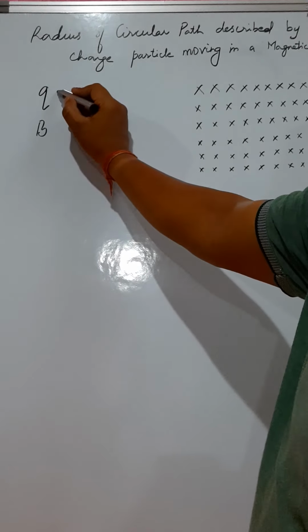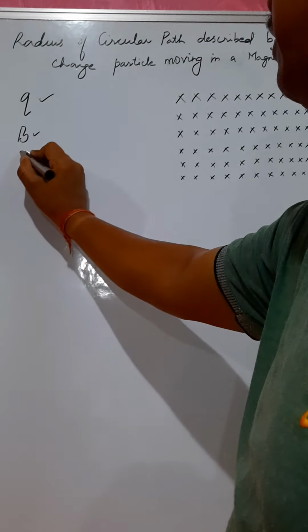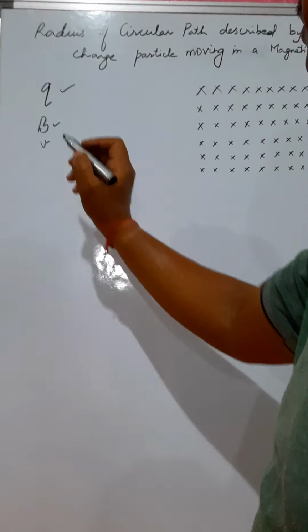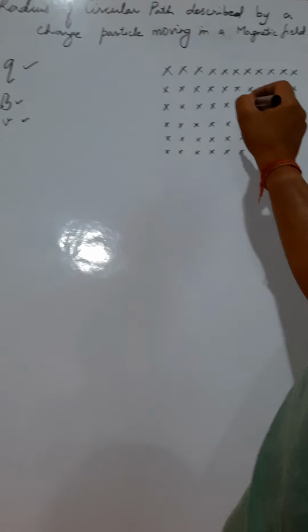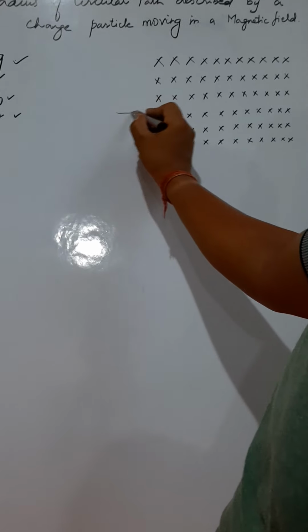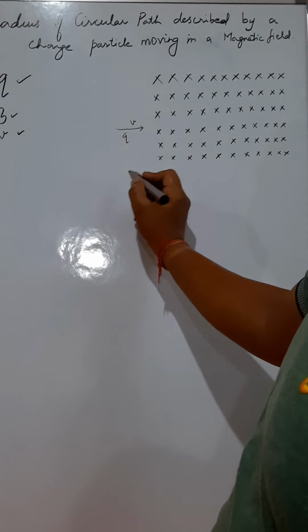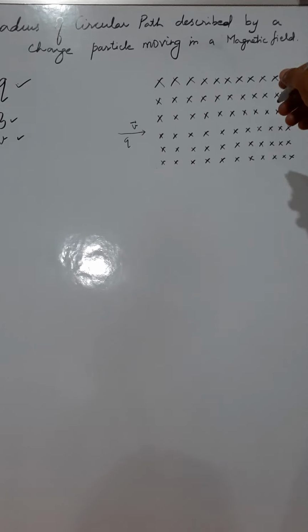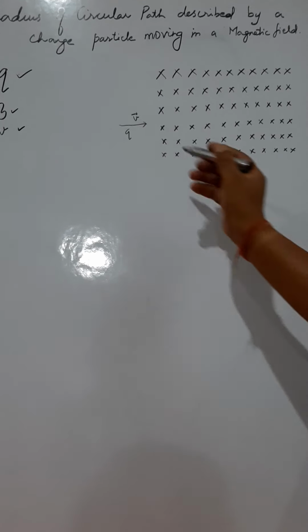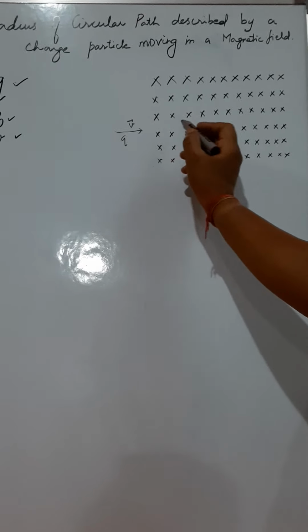So charged particle Q enters in a magnetic field with velocity v in a direction perpendicular to the direction of the magnetic field. Suppose this is the direction of the charged particle moving with velocity v, enters in this magnetic field which is acting perpendicular to the plane of the board, and v is in the plane of the board.